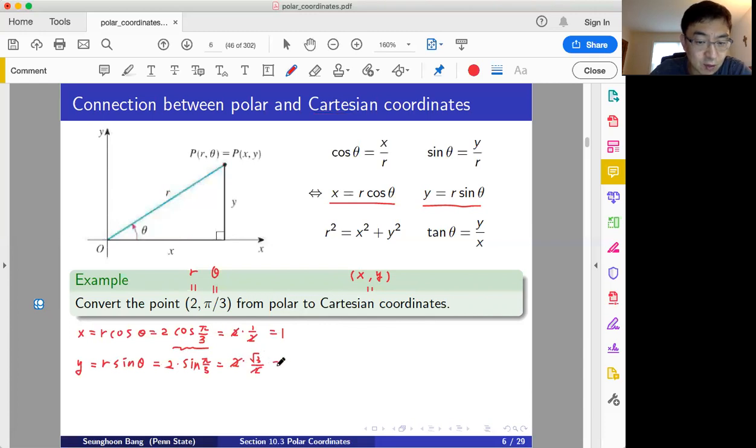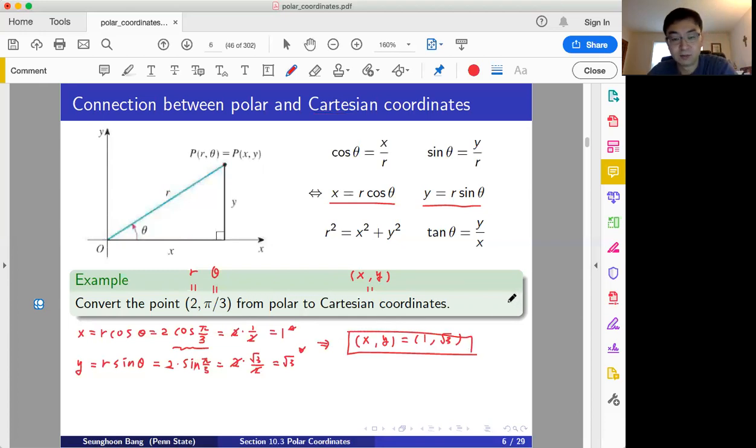The 2 is crossed out, only root 3. So what are the Cartesian coordinates x and y? X value is 1, y value is root 3. This is the whole idea for solving this problem.